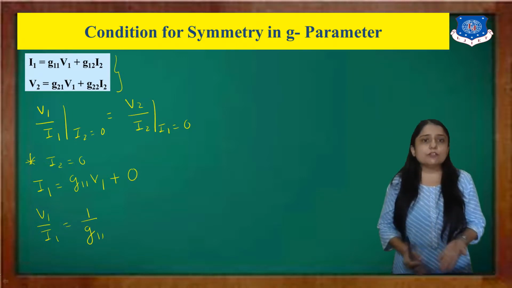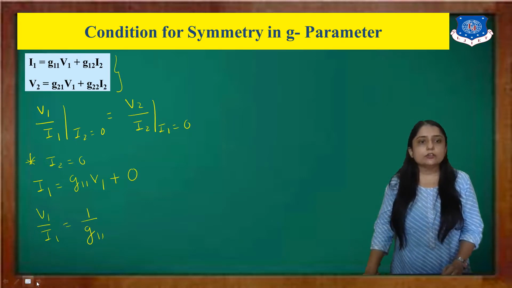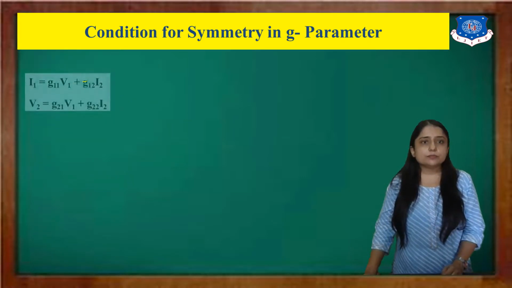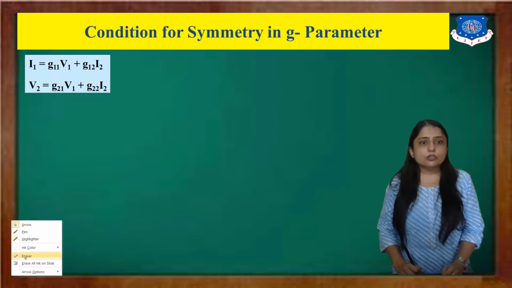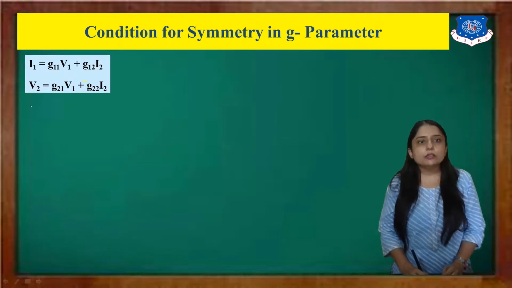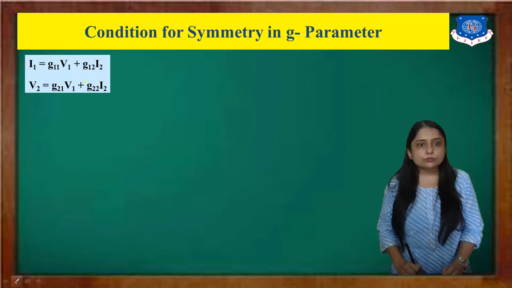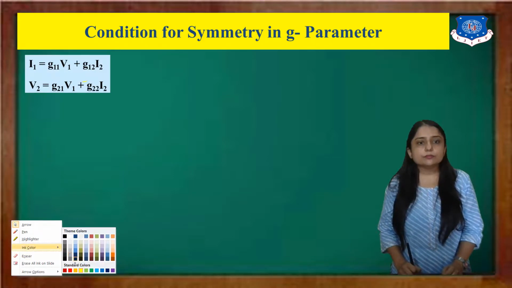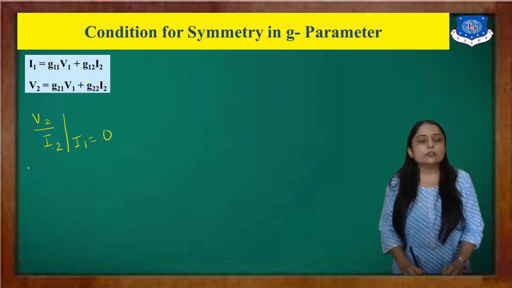Alright. Next I want to find out V2 by I2. But for that I have to consider I1 equal to 0. See, I already have the value of V1 by I1. Now I want to find out V2 by I2, and for that I have to consider I1 equal to 0.